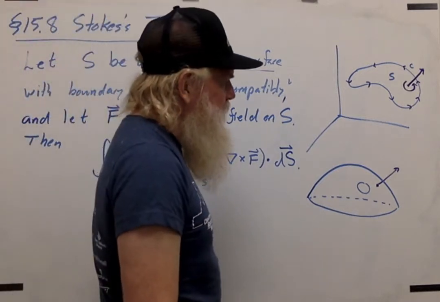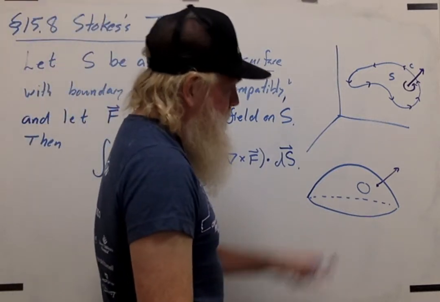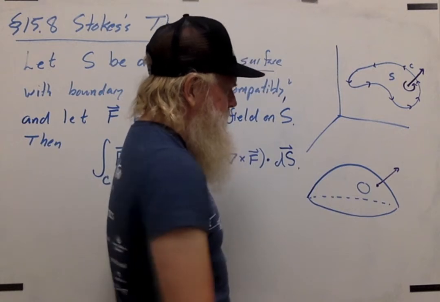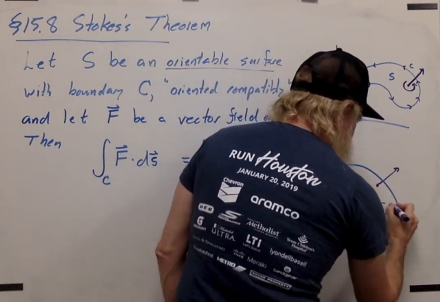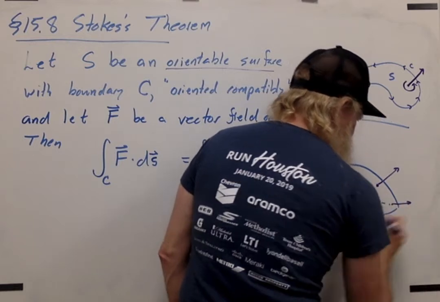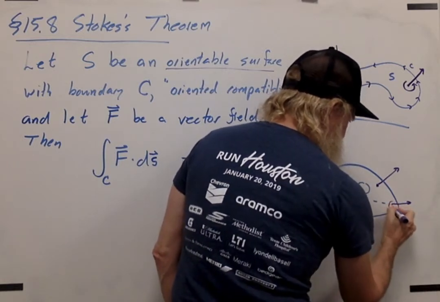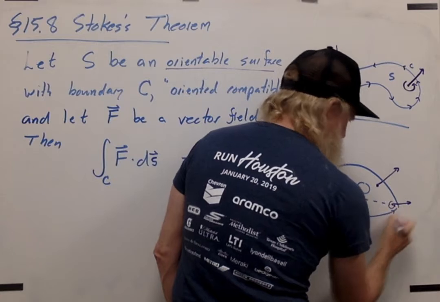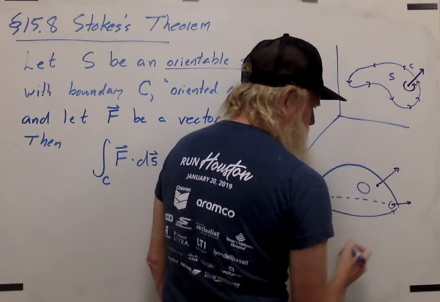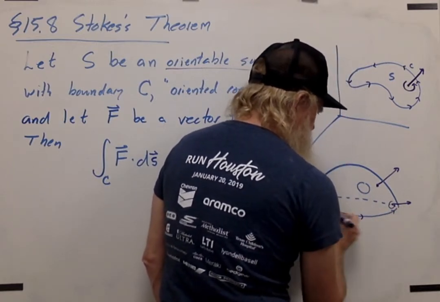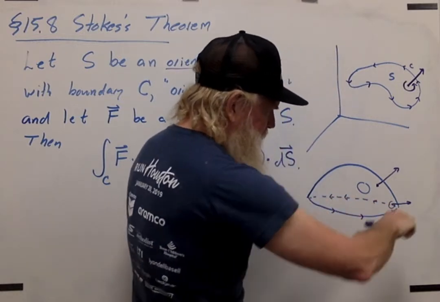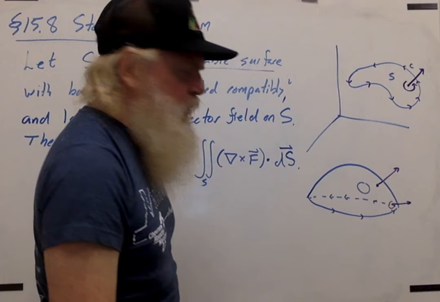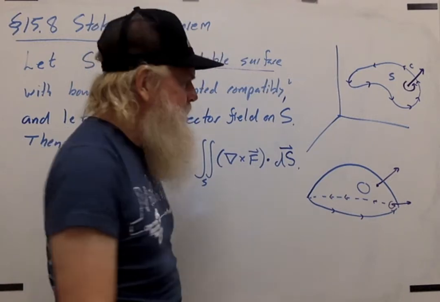Then I need to orient the boundary curve compatibly with this orientation. So, looking down here, I would need to go counterclockwise around that. And notice that that would be from right to left from the way that we're viewing it. So this bottom boundary would be going in this direction, counterclockwise viewed from above.